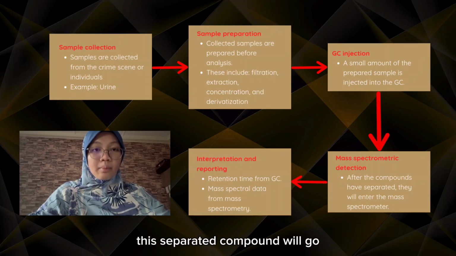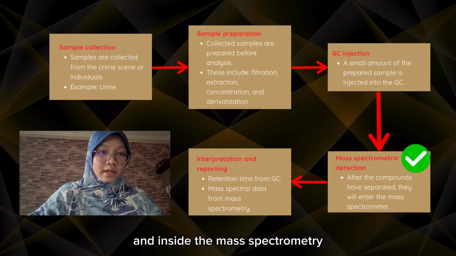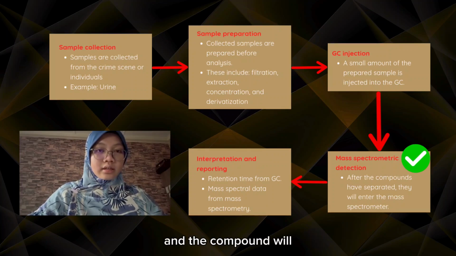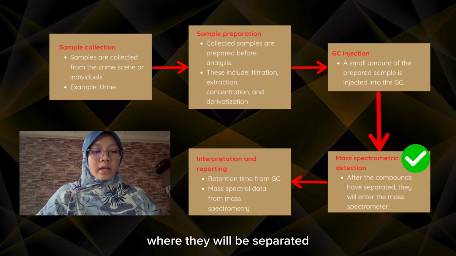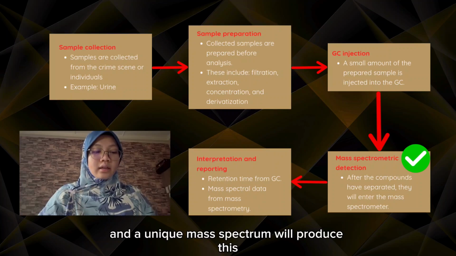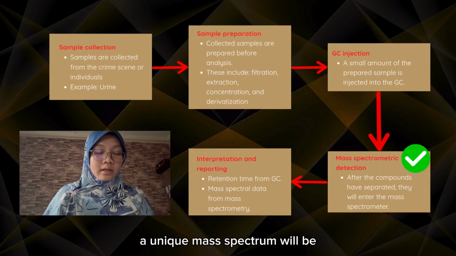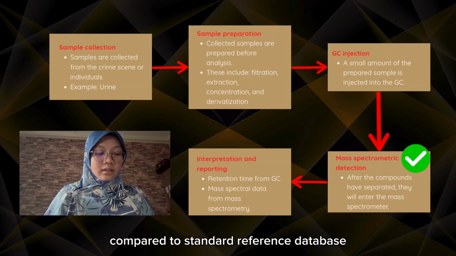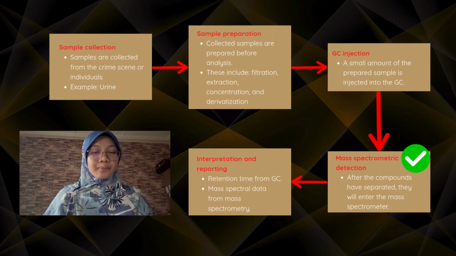The separated compounds will go into the mass spectrometer, where they will be ionized into charged fragments, which are separated according to their mass-to-charge ratio, and a unique mass spectrum will be produced. This unique mass spectrum will be compared to a standard reference database so that we can identify the substance.